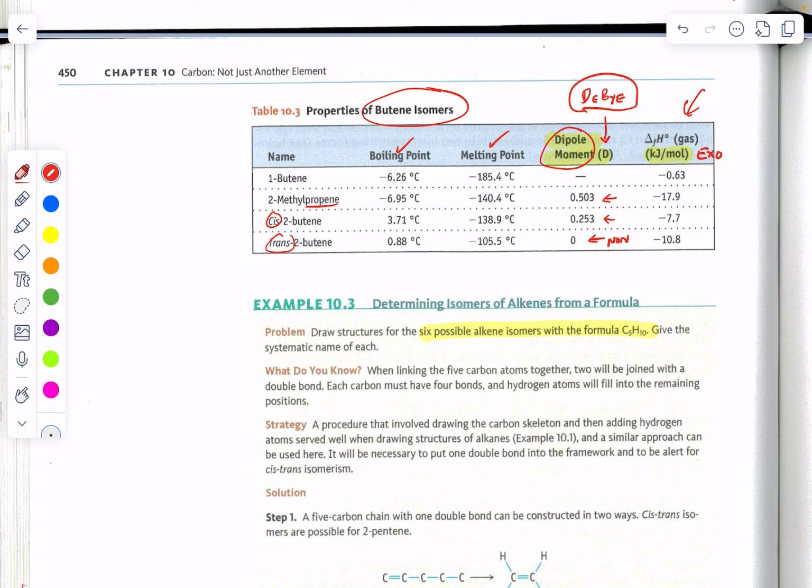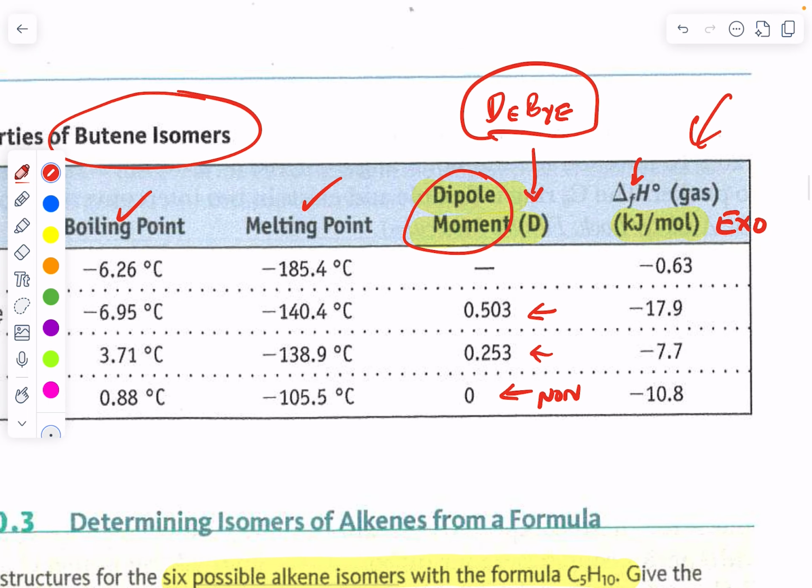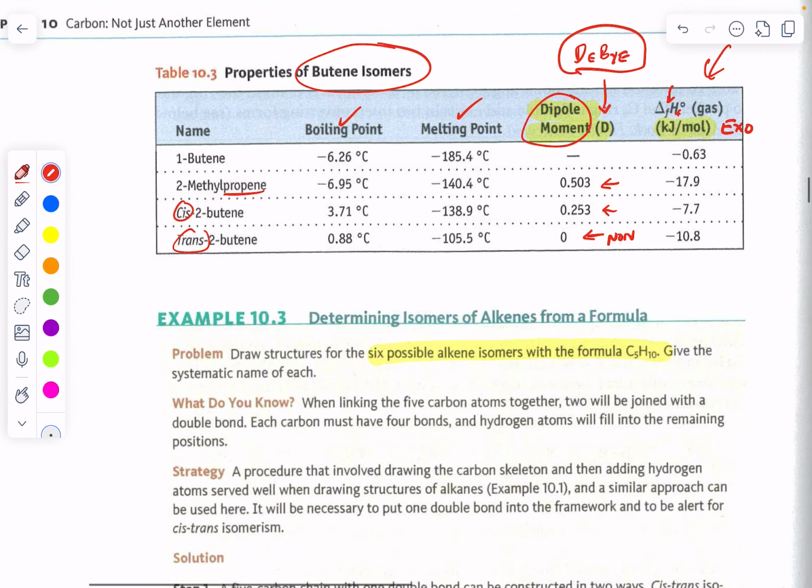You can see the little letter F here. I think the little letter F ought to be there, but this would be the heat of formation of this compound. And you can see the heat of formations varies between a little more than 0 up to almost 18 kilojoules per mole, and the negative sign means it's exothermic.